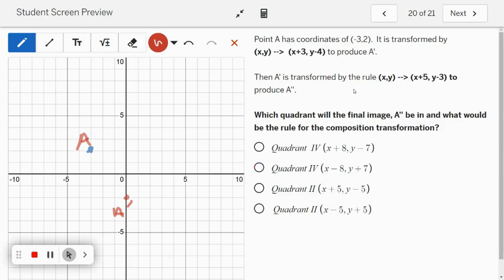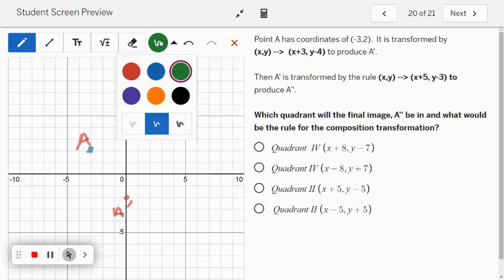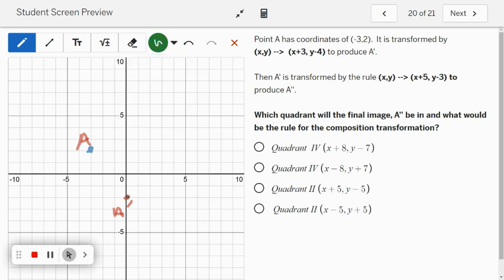All right. Next, notice the statement says, then A prime is transformed by the rule x plus 5, y minus 3 to produce A double prime. So let me grab the green. So now we're going right 5, 1, 2, 3, 4, 5, and down 3, 1, 2, 3. And again, this is A double prime.